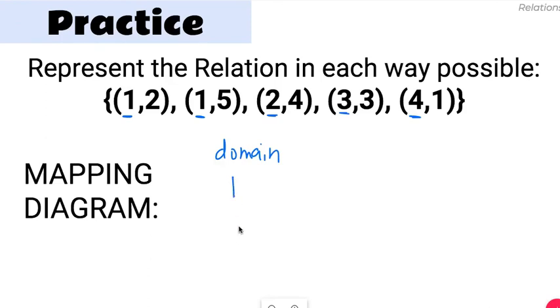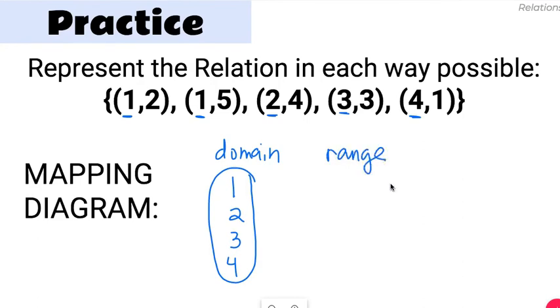I'm only going to write it down once. 2, 3, 4. And then put some sort of little circle type thing around. Then we have our range, which are my y coordinates. Remember, we want these in numerical order, no numbers repeating. 1, 2, 3, 4, 5.